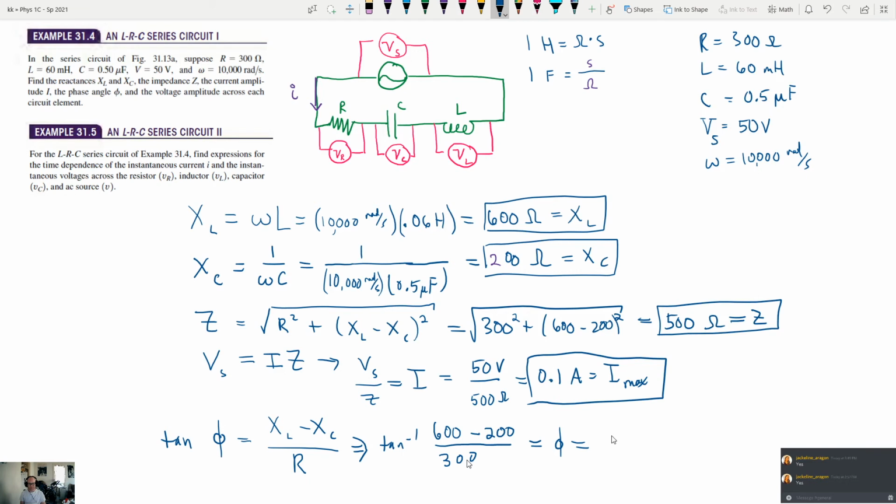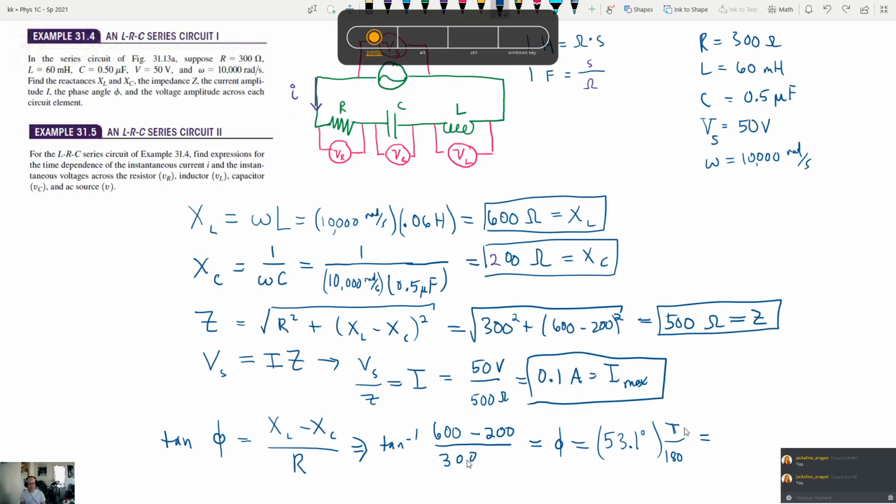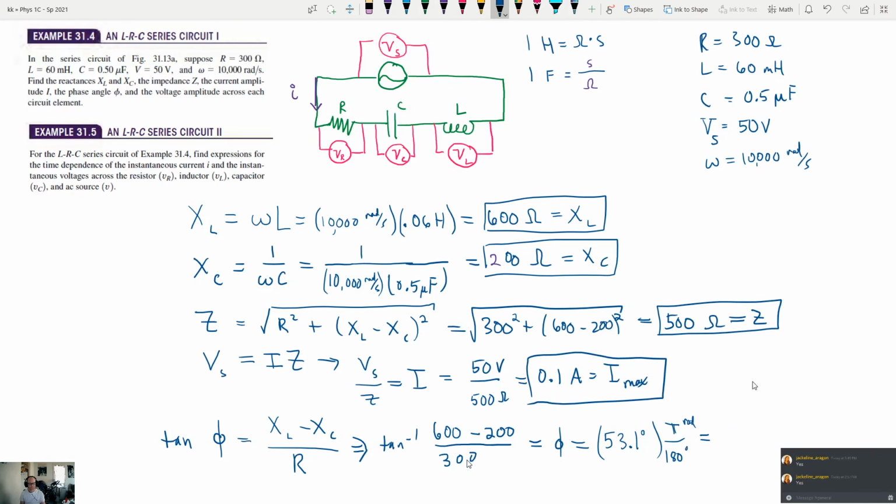So I think we're going to get phi is equal to 53. Yeah, it's 53 degrees. And then when we convert that to radians, it's going to be like 0.95 or something.